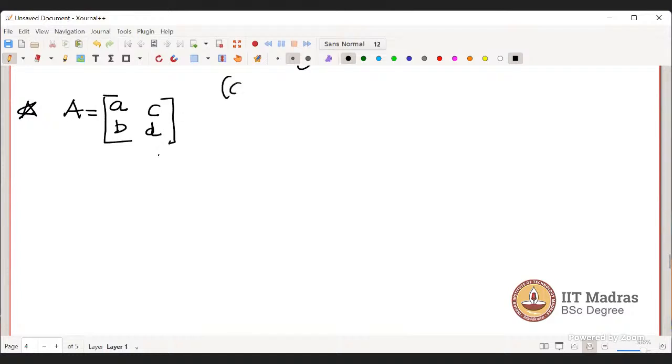So I have, say, two vectors (A, B) and (C, D), and say the determinant of A is non-zero, right? Yes, sir. So I want to show that (A, B) and (C, D) are linearly independent, right?